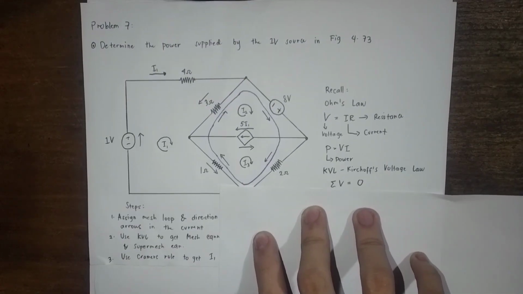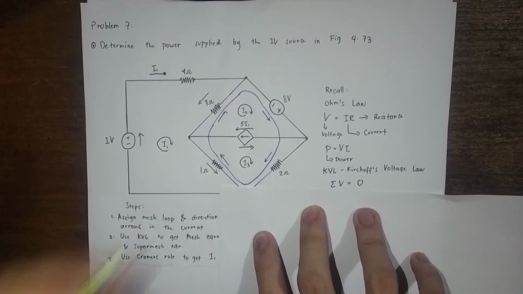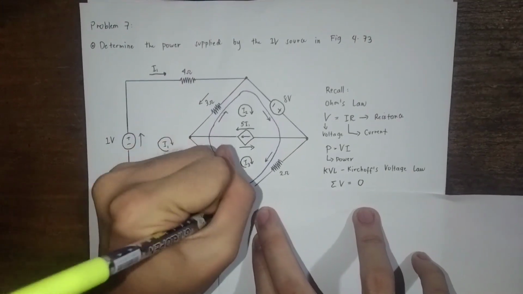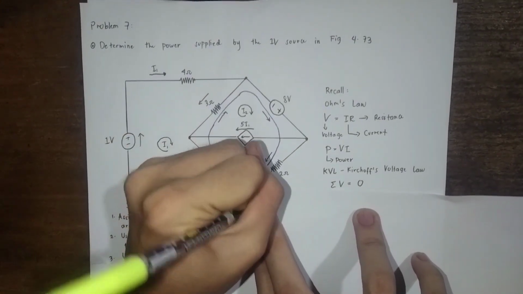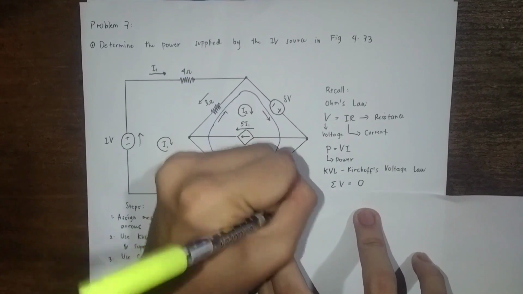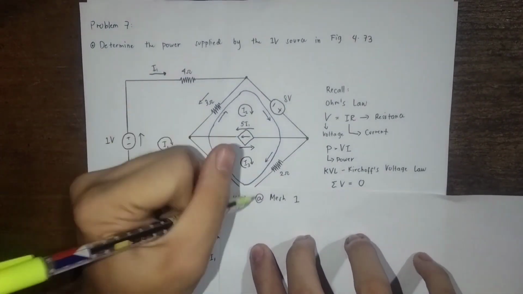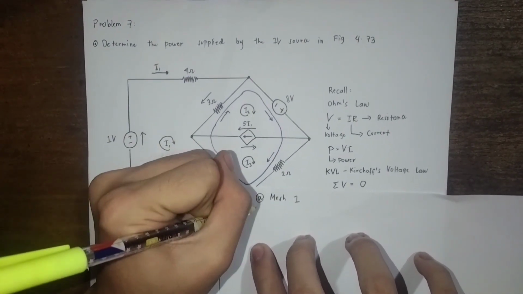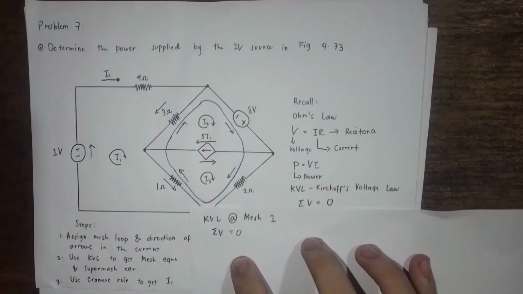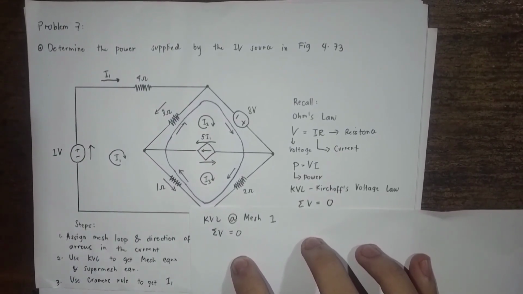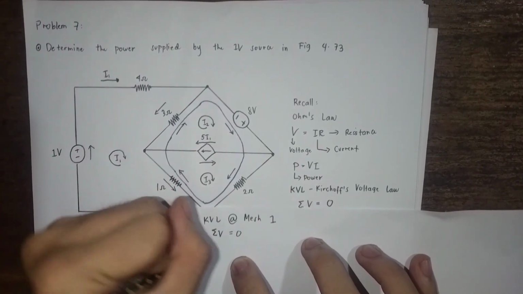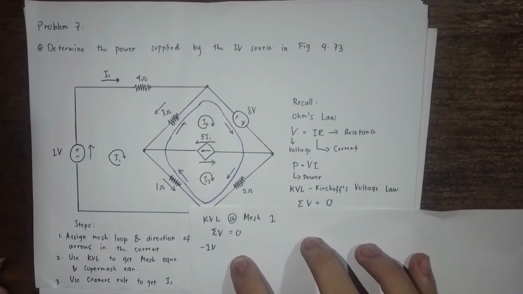So by using KVL at mesh 1, the summation of all voltages is equal to 0. The 1 volt source is the first one it passes through, entering at the negative terminal, so negative 1 volt. Next is the 4 ohms.